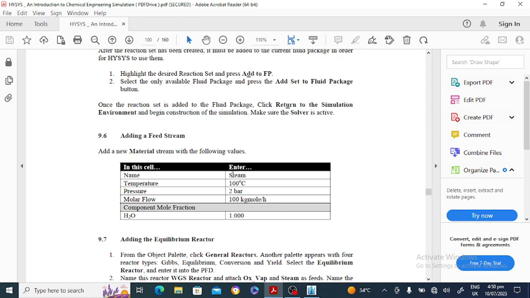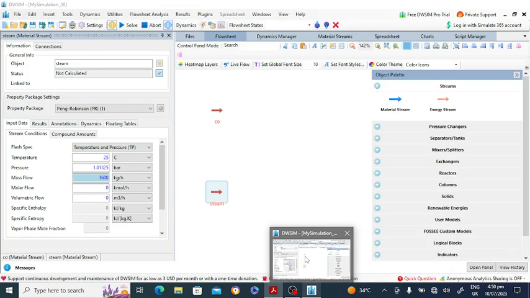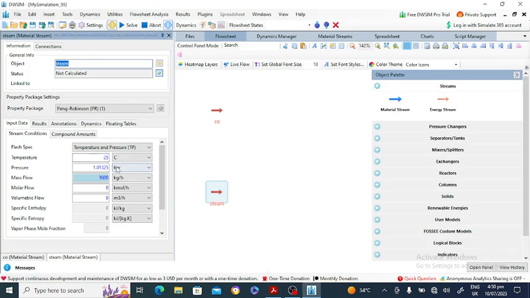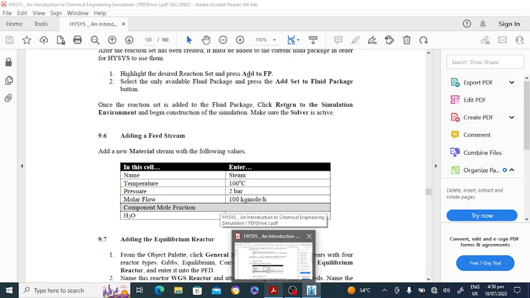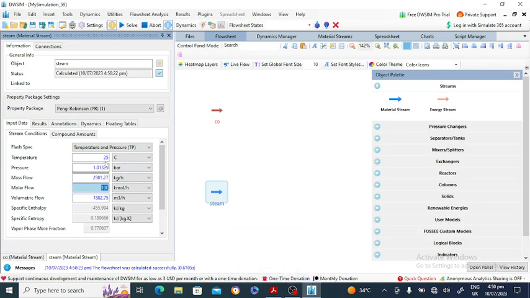The steam is at 2 bar pressure and 100 kilomole per hour, and it is a pure steam. So 100 kilomole per hour, 2 bar pressure, and 100 degrees centigrade.